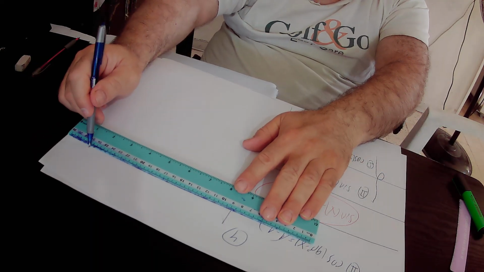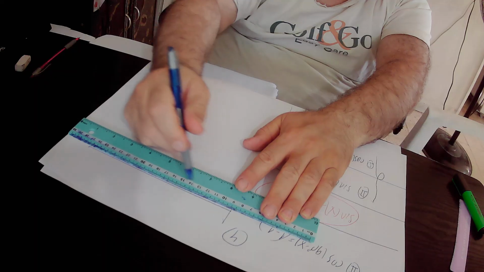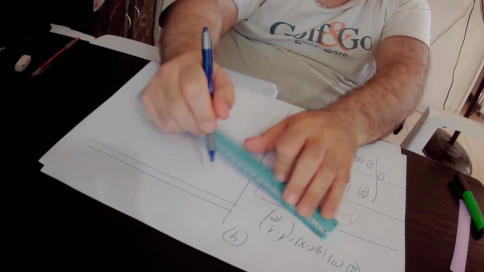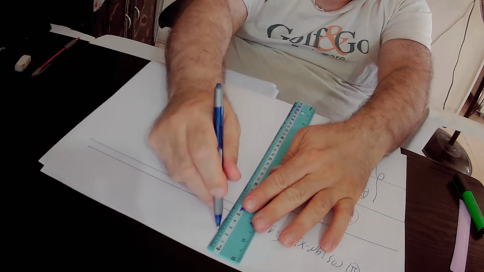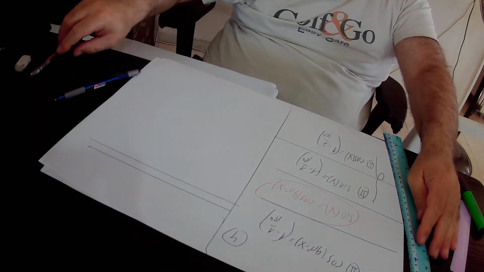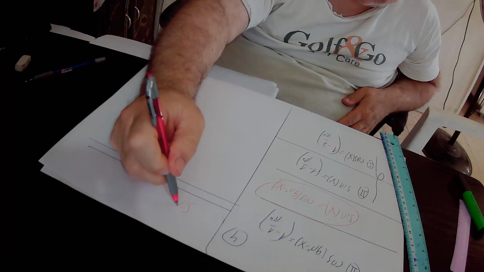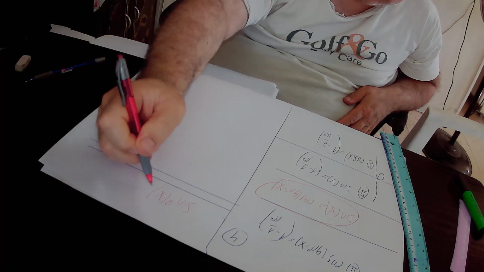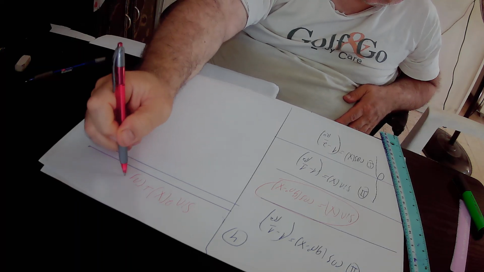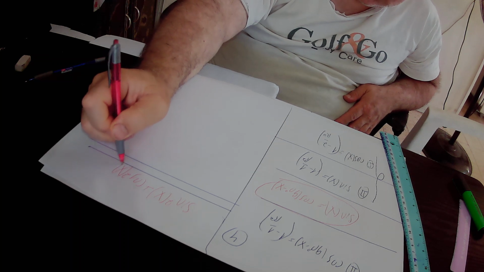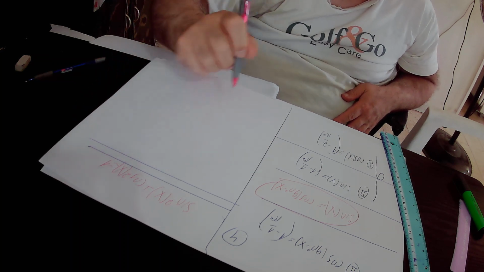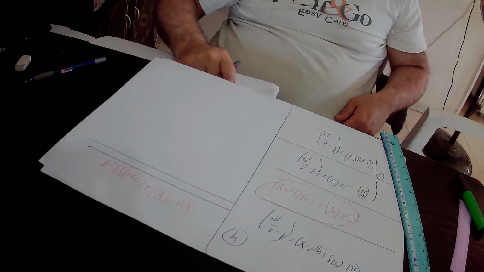Here we use the following trigonometric identity that says sine squared x plus cosine squared x equals 1.